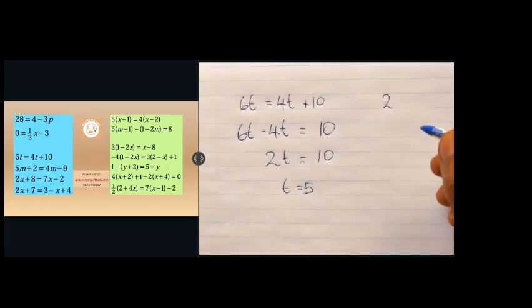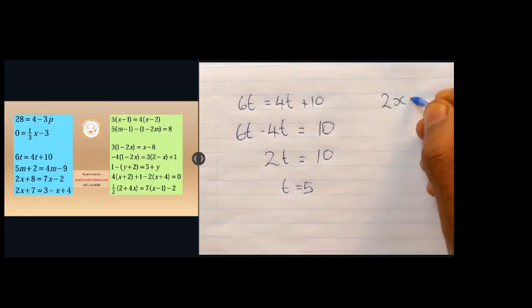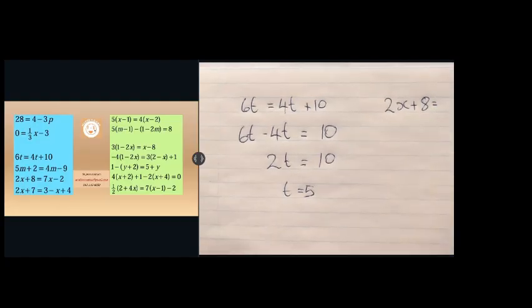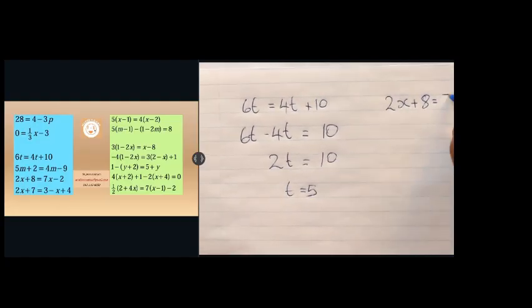I've already started. Let me leave it. I was going to do the 5m, but let me do this one. So I have a 2x plus 8, isn't it? Equals to 7x minus 2.